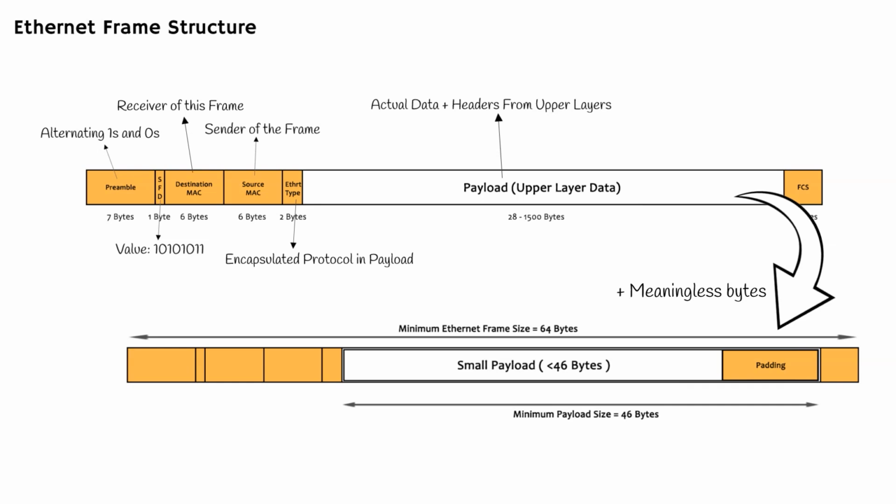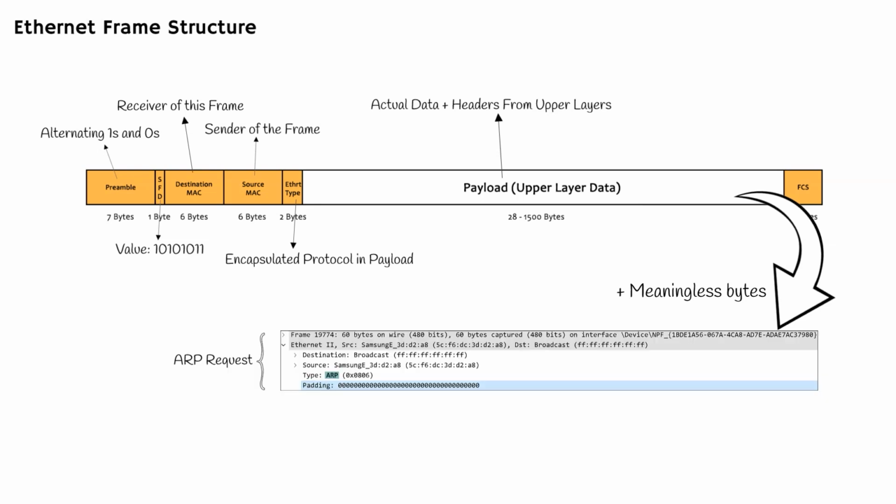Ethernet frames require a minimum payload of 46 bytes to ensure the total frame size is at least 64 bytes, including the header and frame check sequence. If the data is smaller than 46 bytes, padding is added to meet this requirement. This padding consists of meaningless bytes and is discarded by the receiving device.